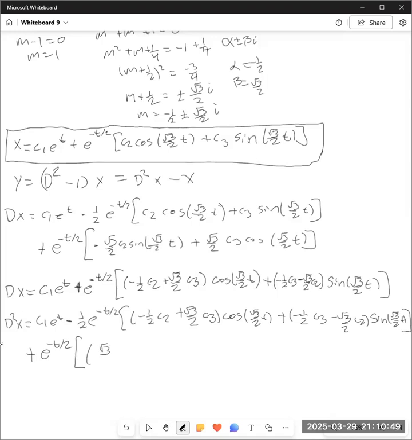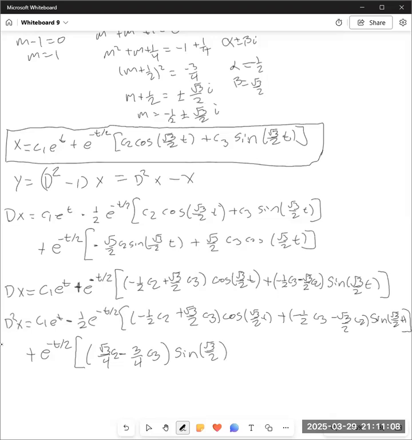So that's root 3 over 4 c2 minus 3/4 c3 sine root 3 over 2 t.